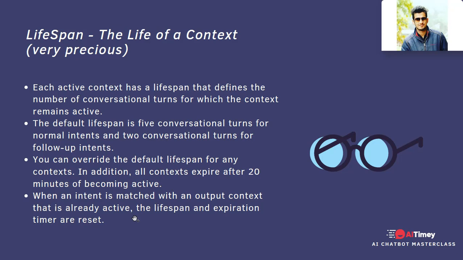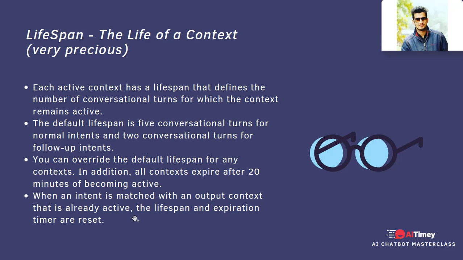Whenever you add a follow-up intent, there is an output context that is added in the primary intent, and there is an input context that is added in the follow-up intent, and that's it, and they call it a follow-up intent. And when I say that the lifespan for a follow-up intent is 2 conversational turns, that means for the next 2 conversations this context is active and the follow-up is active, right?